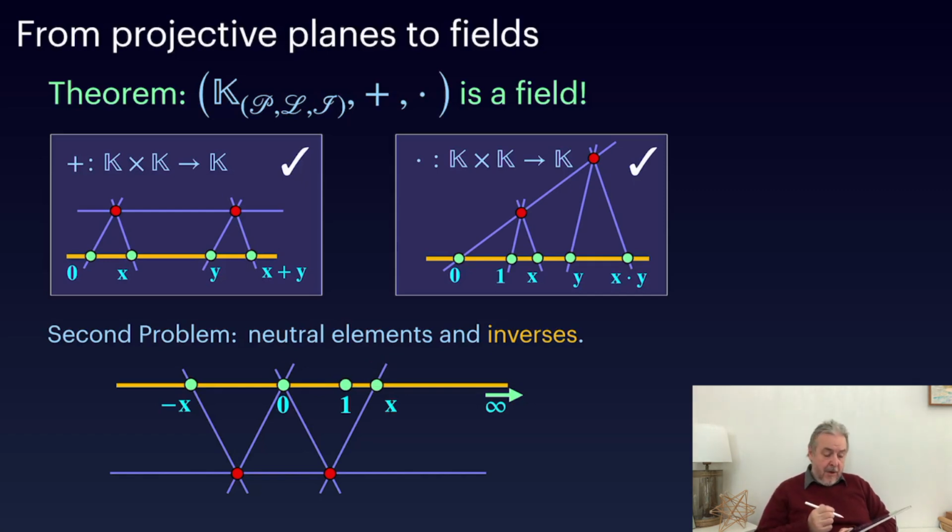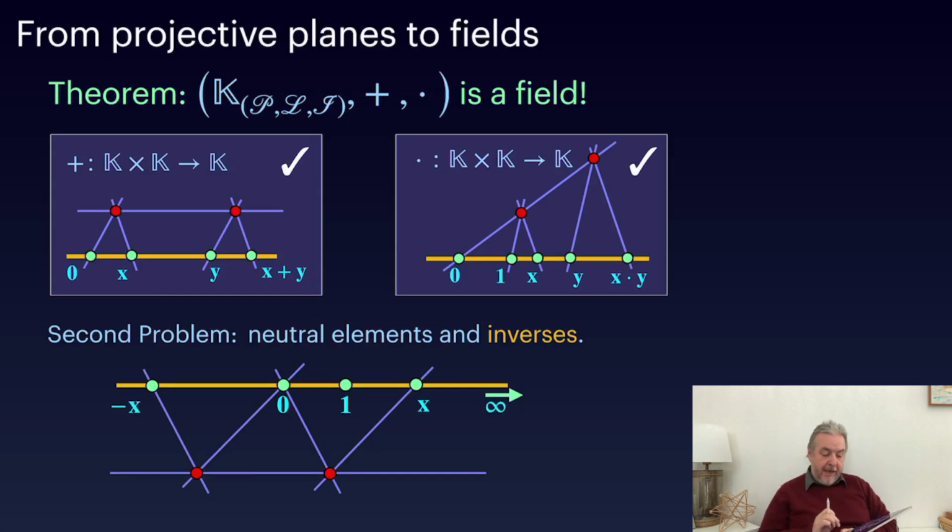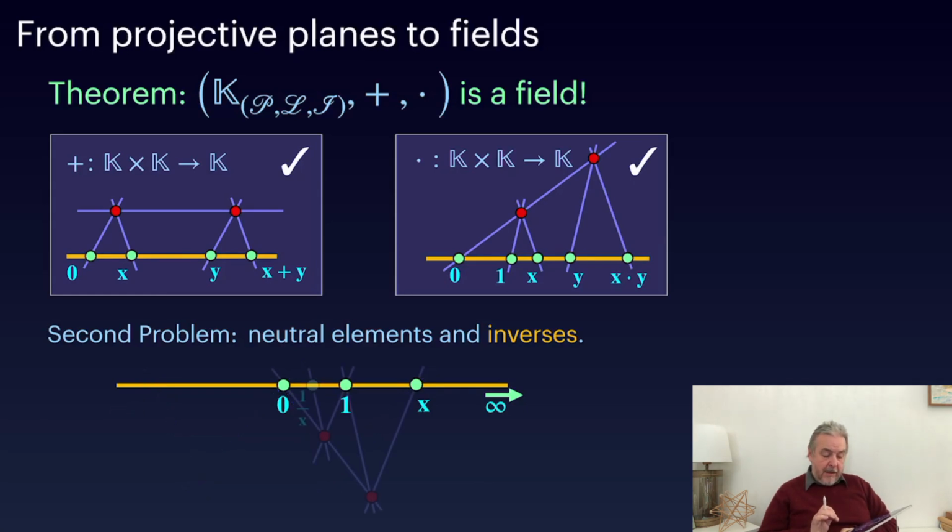If you do so, von Staudt construction tells you if you add x and minus x, you will at the end exactly get a 0 here, and this is independent of the position of x. So this is a construction for the additive inverse, and in a similar way you can create a construction for the multiplicative inverse. So you have neutral elements and you have inverses, so everything's fine. Second problem is solved.